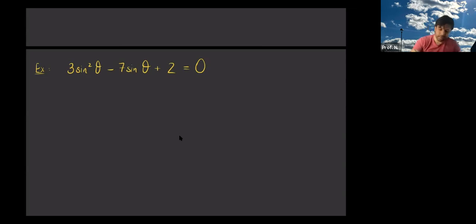I want to find a general solution for theta, and I want to find the particular solution on 0 to 2 pi.